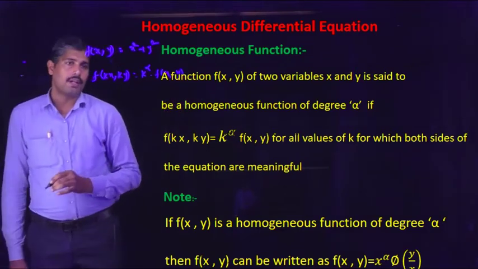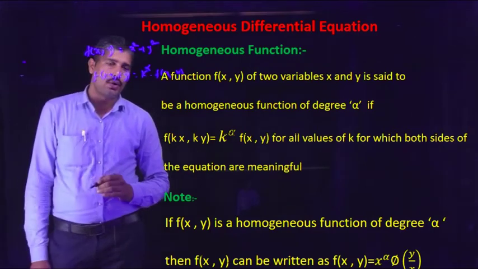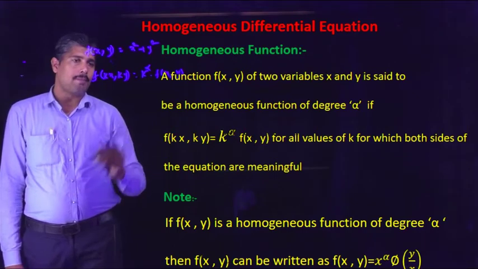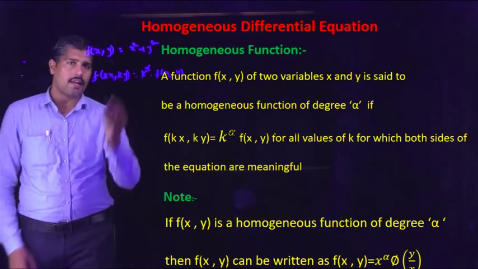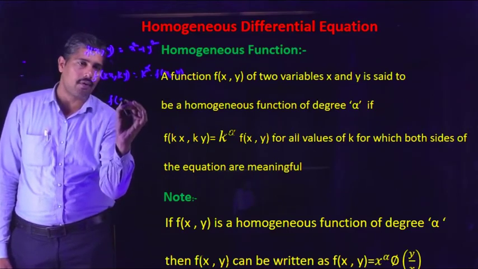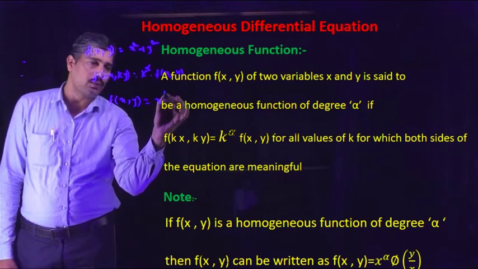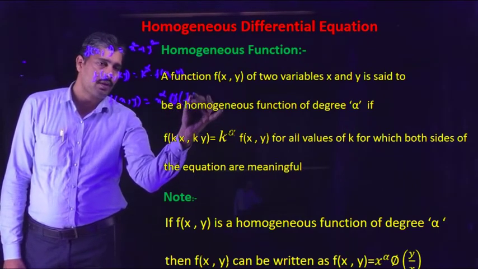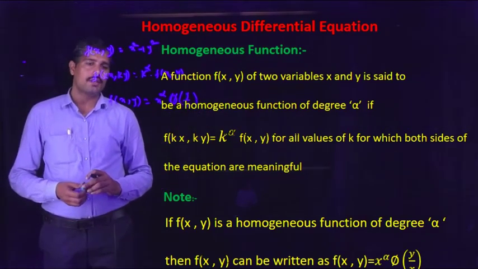Here alpha is the degree of the homogeneous function. This type of function is called a homogeneous function. And another way we say that f of x comma y equals x power alpha into phi of y by x. This way also we say that this is a homogeneous function.